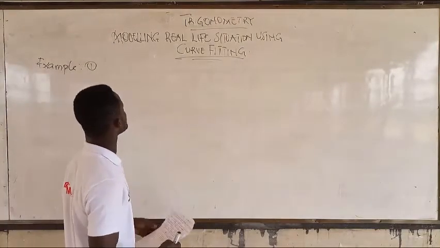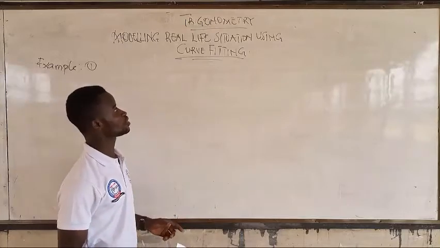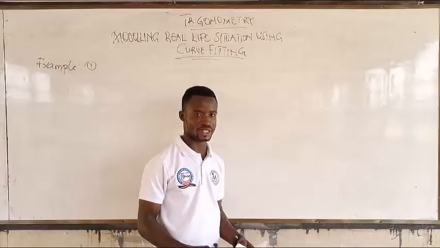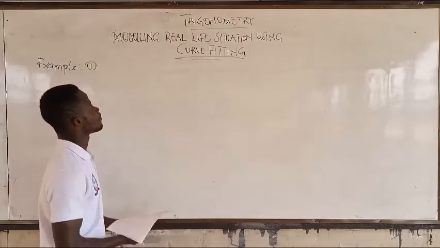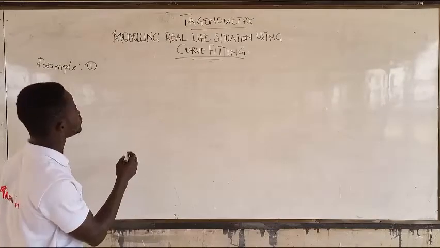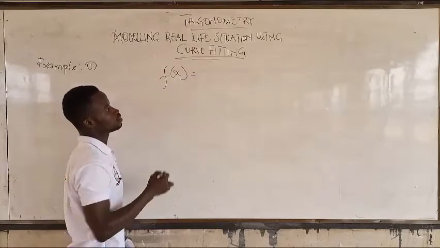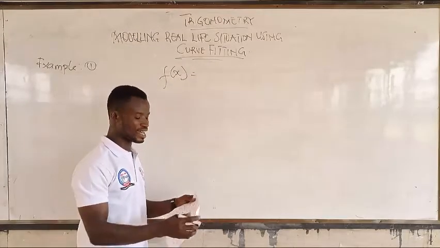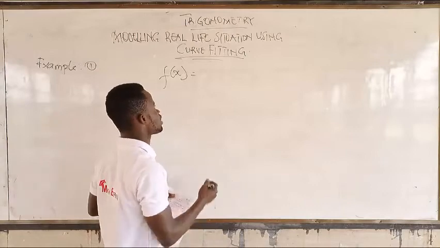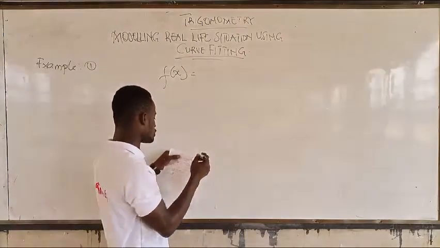Now, don't forget that we are modeling a real life situation using curve fitting. So we want to end up getting the equation for the curve fitting so that you can sketch it.